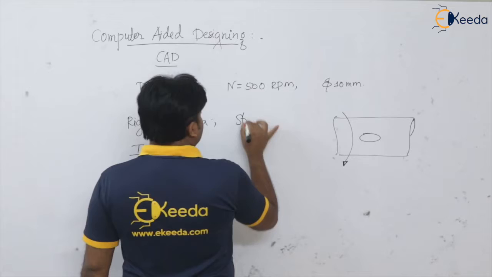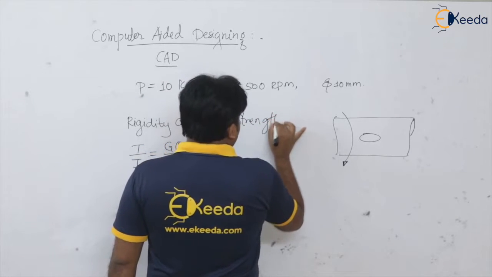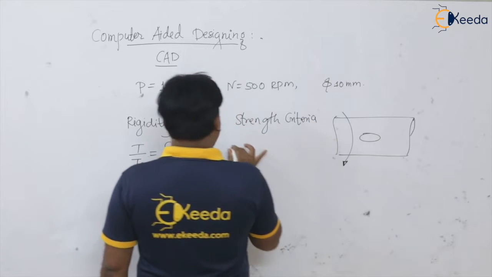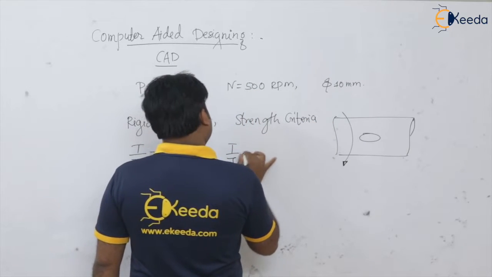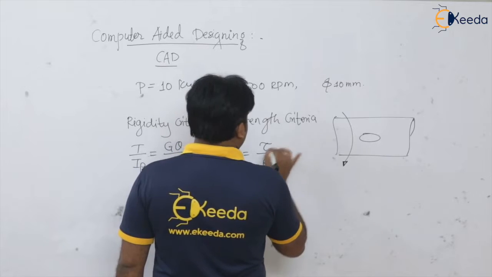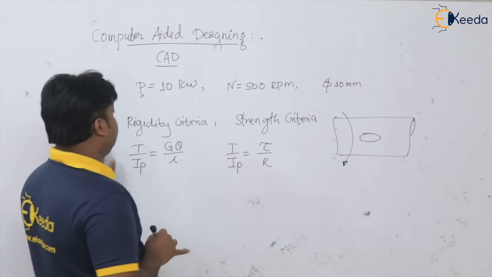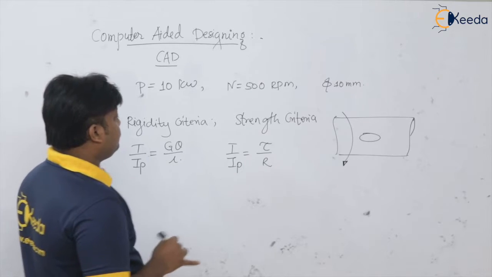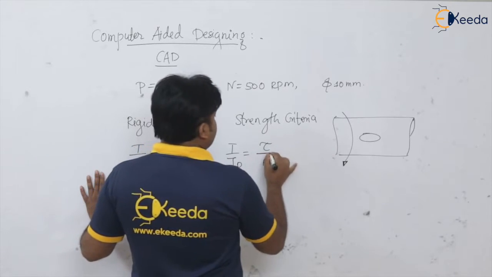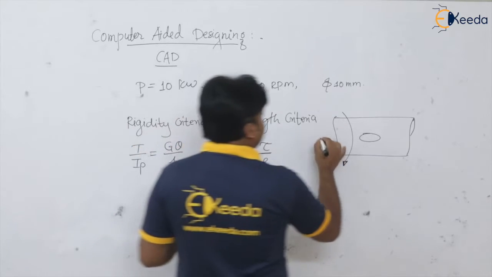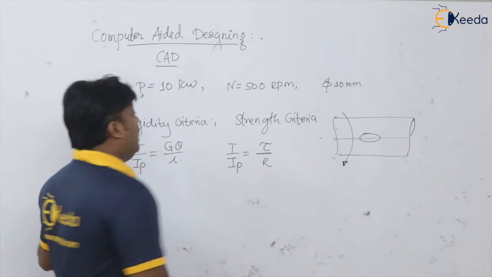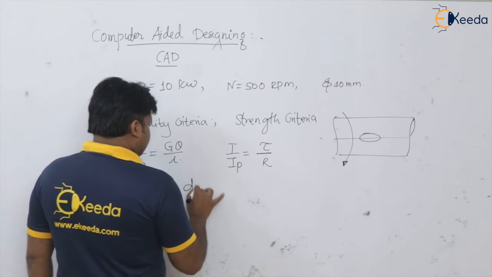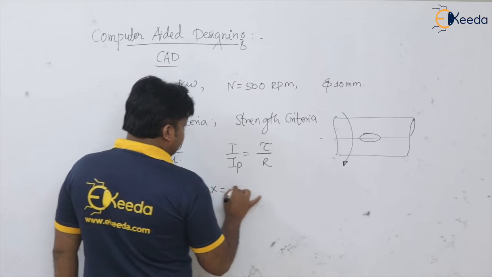Or by the strength criteria, we can write T divided by Ip is equal to tau divided by R, shear stress divided by R, that is the distance from the center, the centroidal distance.